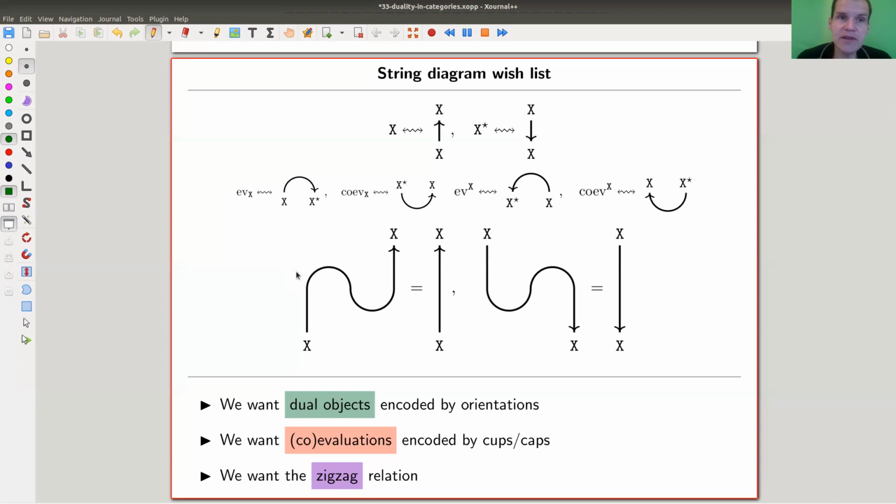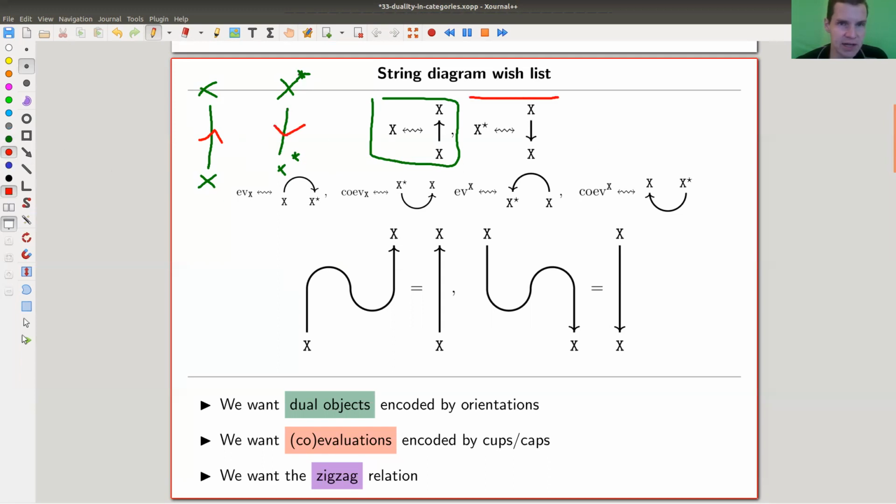Remember, string calculus just means I have an object and a morphism on this object, in this case the identity. Morphisms themselves would be just coupons, but here's the identity on this object, and I want to enrich it by putting an orientation on my diagram. So now I have an oriented calculus, and I can distinguish between an object and its dual object.